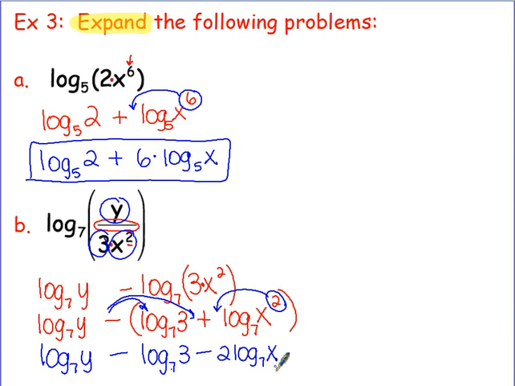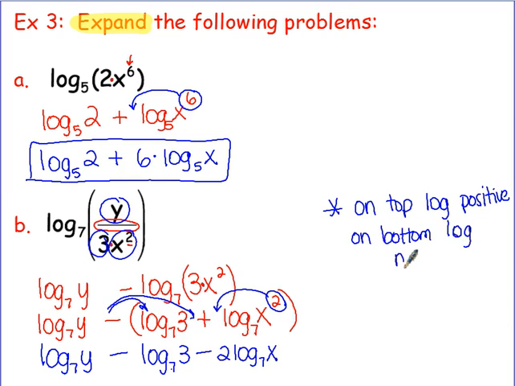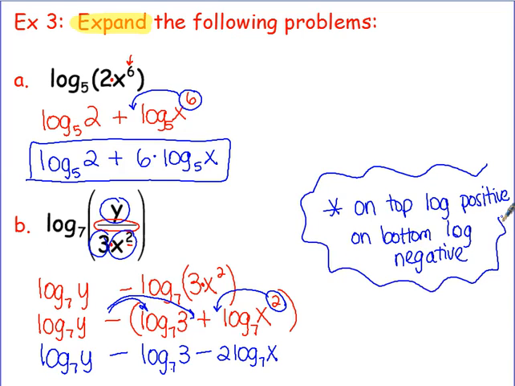So there might be a couple of notes you want to jot down. If they are on the top, their log is positive. If they are on the bottom, their log ends up negative. So that might be helpful when we go to break things up and when we go to put them back together.